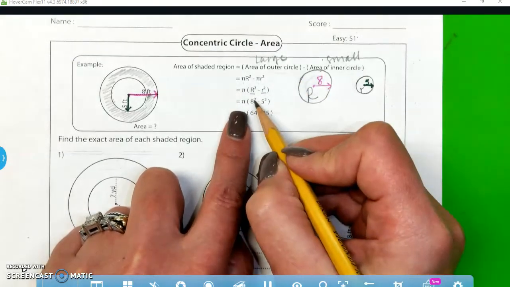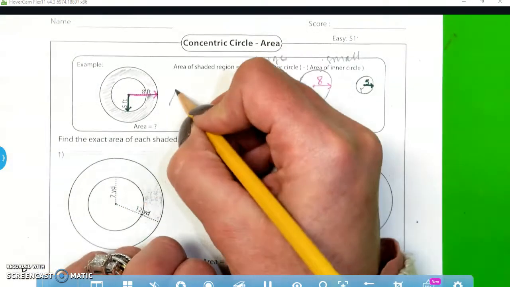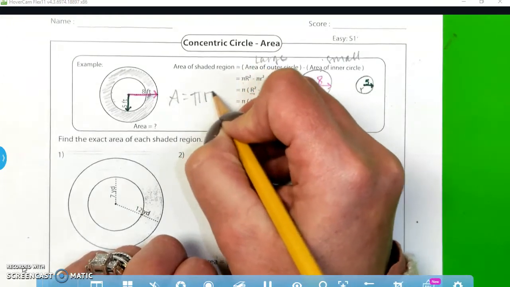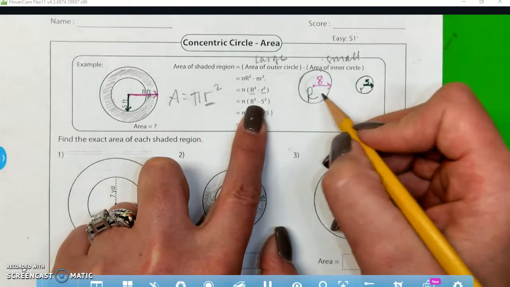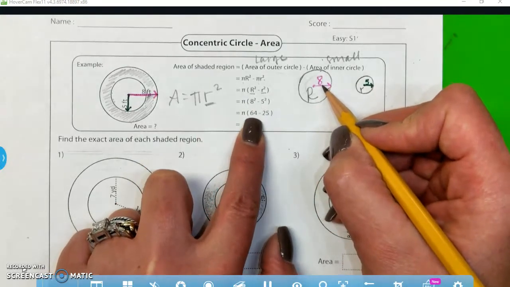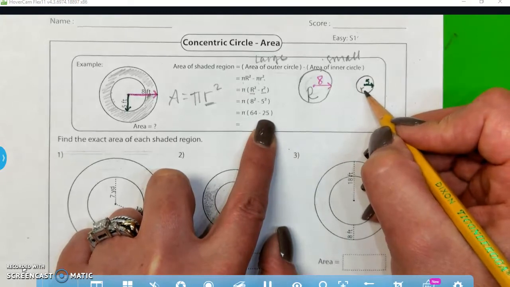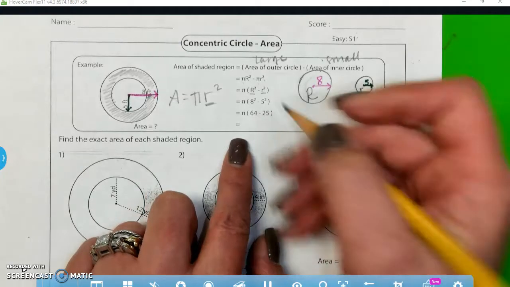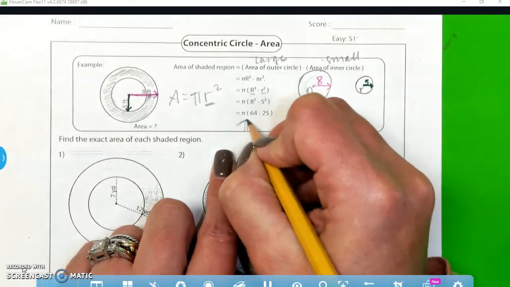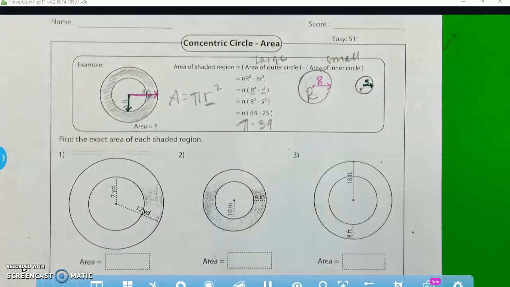What we would do is take the radius to the second power, following our formula pi r squared. That's a really important step. We took 8 to the second power, which gave us 64. We took r equaling 5 to the second power, which gave us 25. From here, pi times 39 will give us our area.